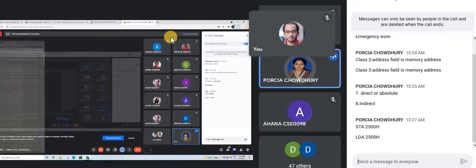So in case of class 3, the effective address is always specified directly.